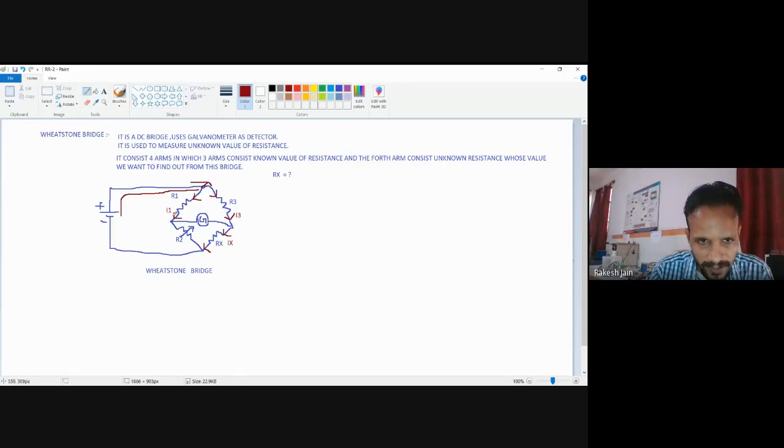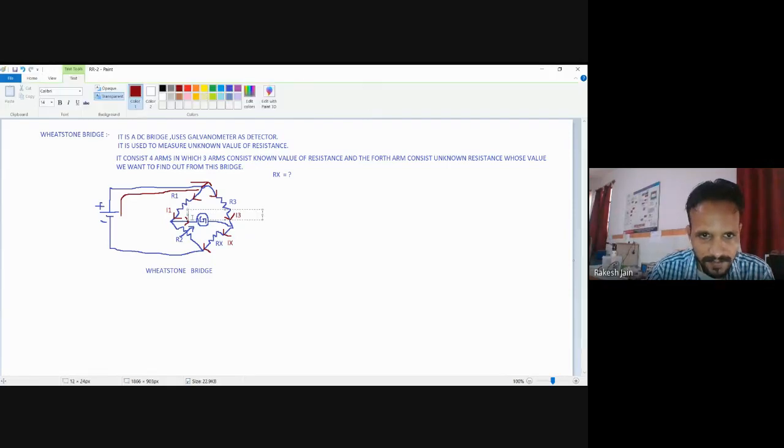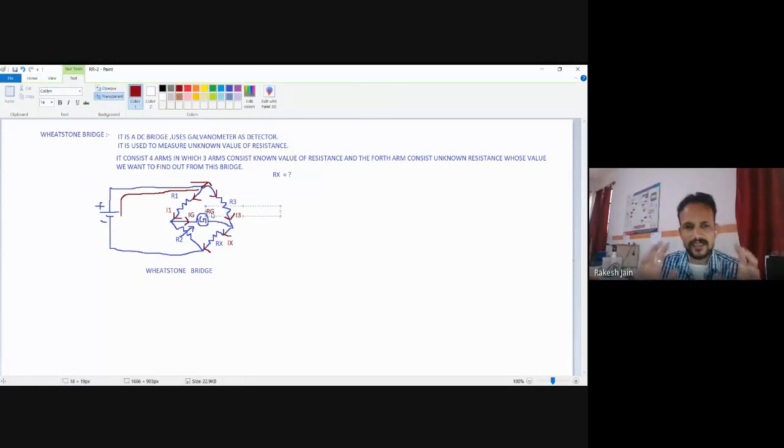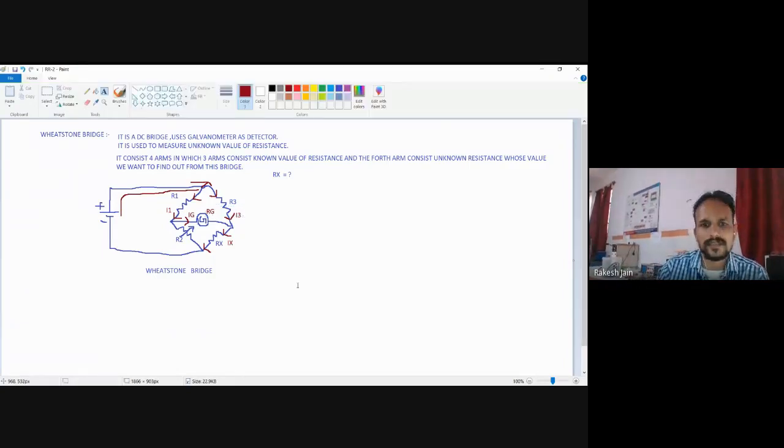Again, this I1 current comes here and goes to the galvanometer, and let the current of this galvanometer be Ig, and the resistance of the galvanometer be Rg, because we know that each wire, each device consists of some resistance. So I write down the current in the galvanometer as Ig and the resistance as Rg.